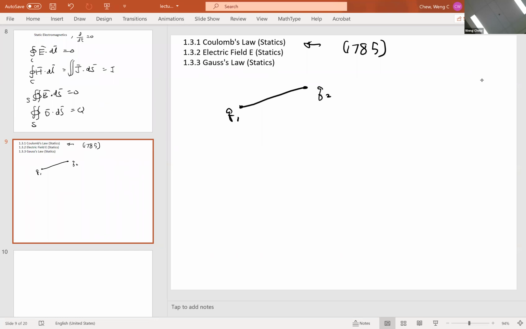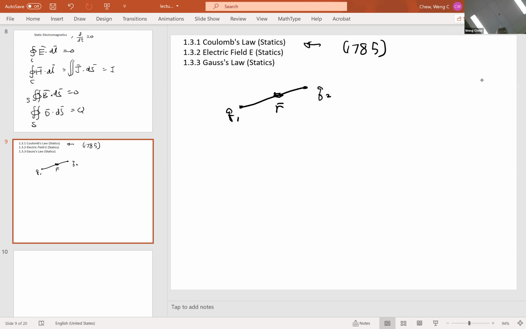However, if one is positive and the other negative, there will be an attractive force between them. And the force is always in the direction of the vector that points from one charge to the other one. I can denote this vector as R.